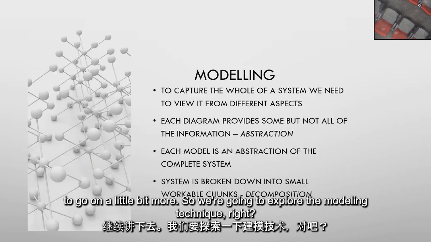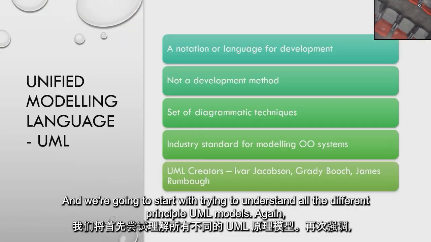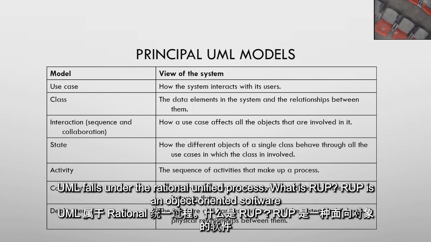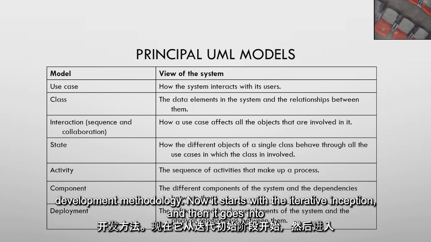So I'm going to go on a little bit more. We're going to explore the modeling technique, and we're going to start with trying to understand all the different principal UML models. Again, UML falls under the rational unified process. What is RUP? RUP is an object-oriented software development methodology.